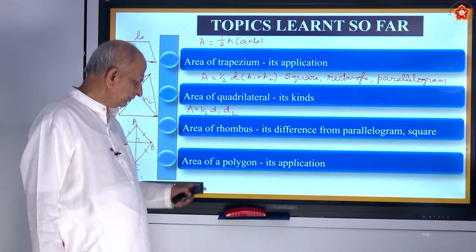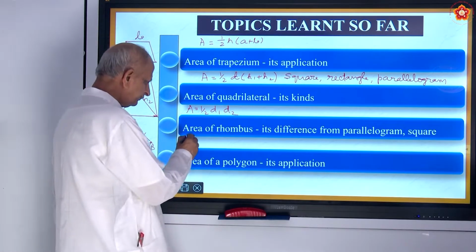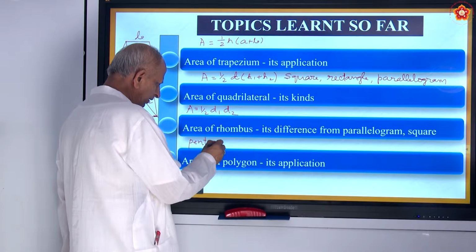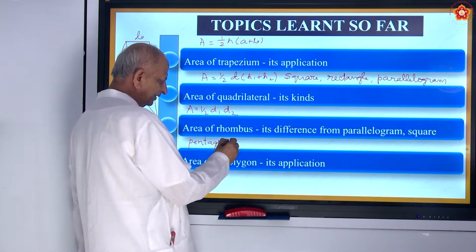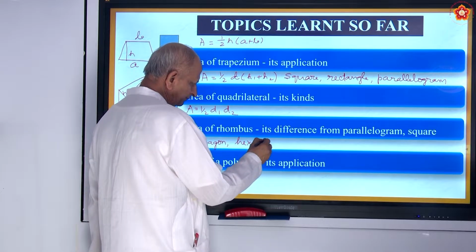Also we have seen about polygons. Polygons may include a pentagon, a quadrilateral, more than 4 sides. Pentagon means 5 sides. A hexagon with 6 sides.